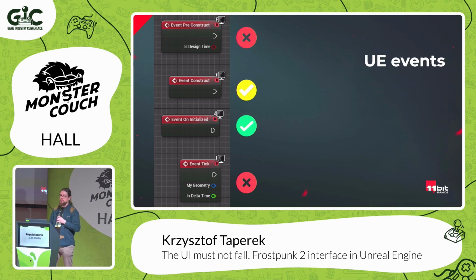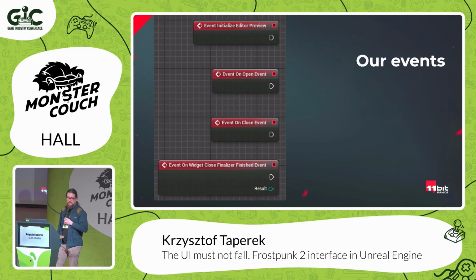But those events were not enough for us. We implemented a few more. Starting from the top, we have Event Initialize Editor Preview. Previewing stuff in the editor is crucial. So if we are not using PreConstruct for that, we are using custom stuff, which is working only in design time. That's basically the only change here. So it's nothing special. It's just logic that is called only in the editor for previewing stuff.